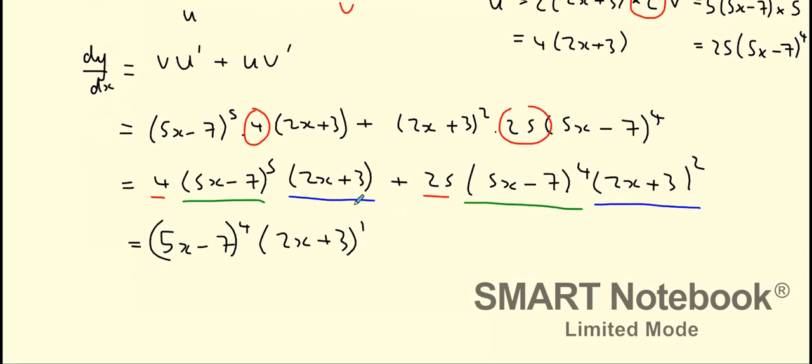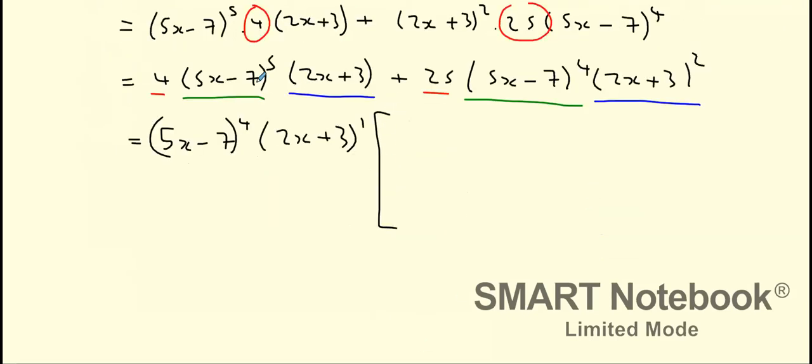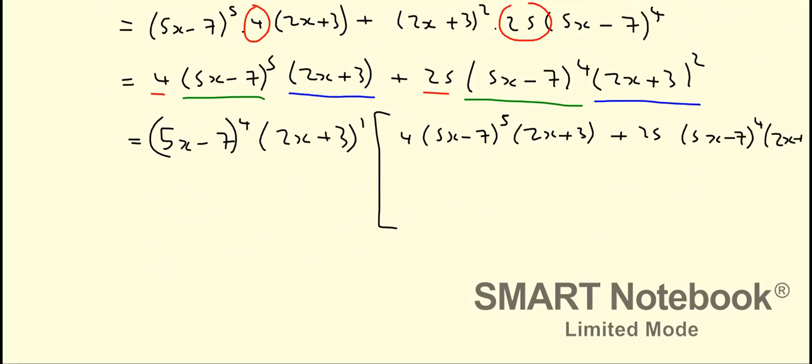And then what I tend to do is, as long as I've figured that out, I'll rewrite the line above. 5x minus 7 to the power of 5, 2x plus 3, plus 25, 5x minus 7 to the power of 4, 2x plus 3 squared, and divide each term by the highest common factor that I've just identified.